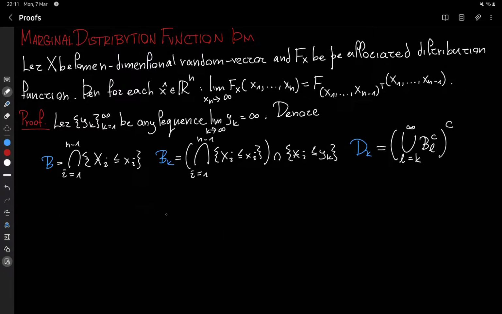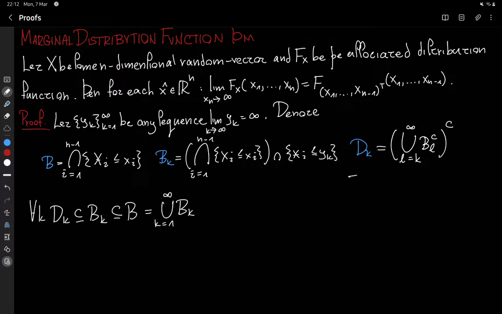Now, we arrive at the following inclusions. We have that for each k, D_k is a subset of B_k, and that itself is a subset of B, which is equal to the union over k ranging through 1 to infinity of B_k.